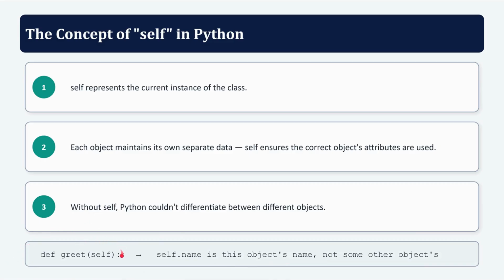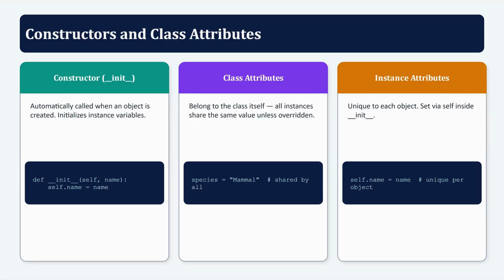When using a method, we wouldn't use greet or the object's name. We would have to put self so that it can actually differentiate the objects. Now, this is the constructor, so it's called when an object is created, and that's the initialize thing.